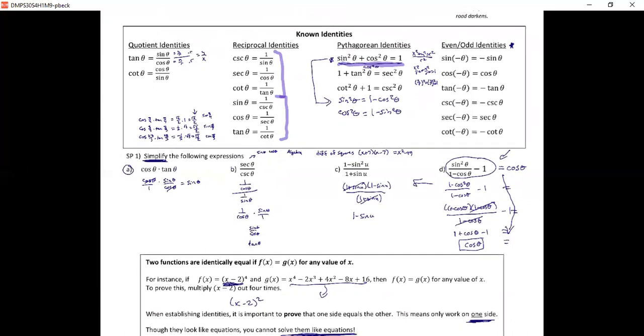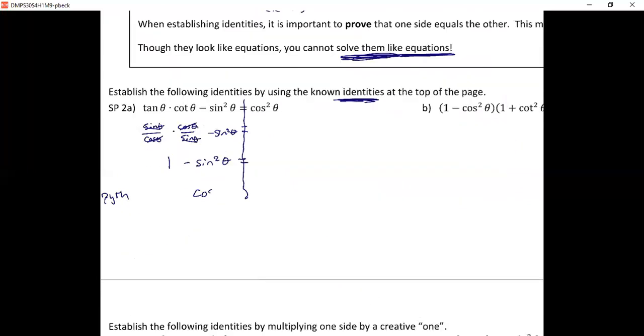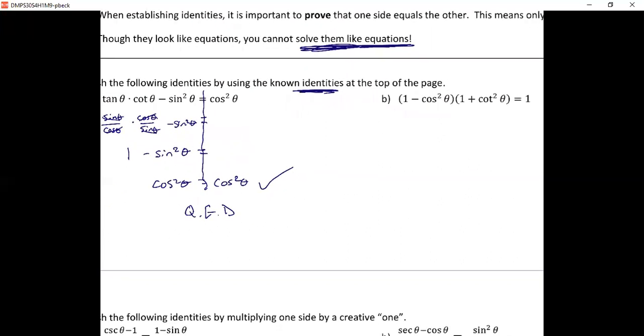So 1 minus sine squared is cosine squared. So if this does equal cosine squared theta, then now I have cosine squared equals cosine squared. I like to put a check mark to show that that's what I was trying to prove. And a lot of times we like to write QED, which is that which was meant to be proven. It's shorthand for Latin.